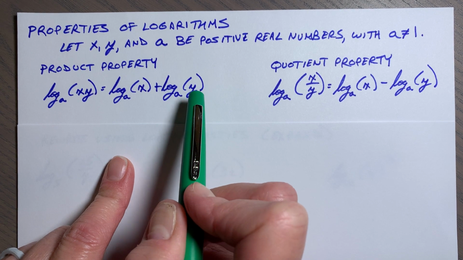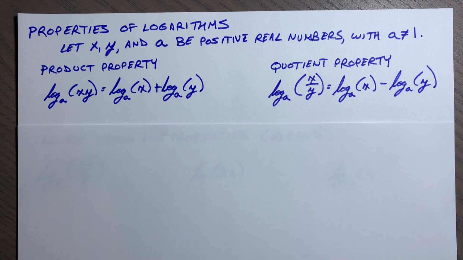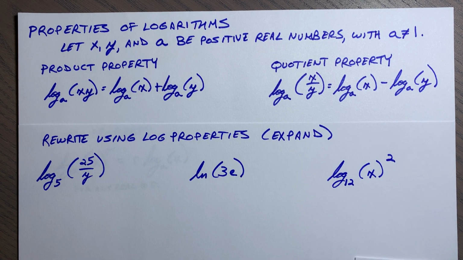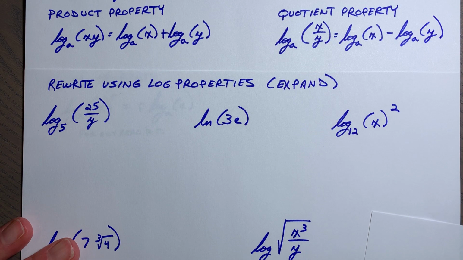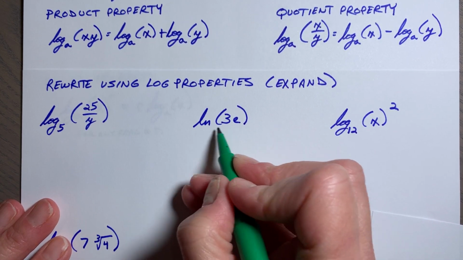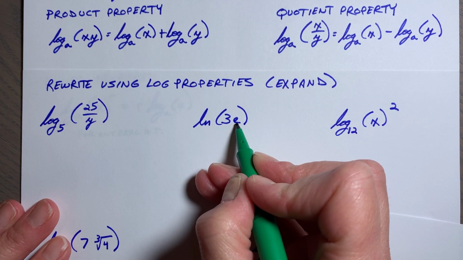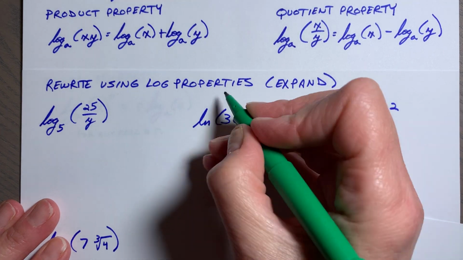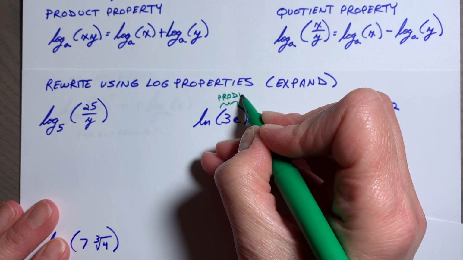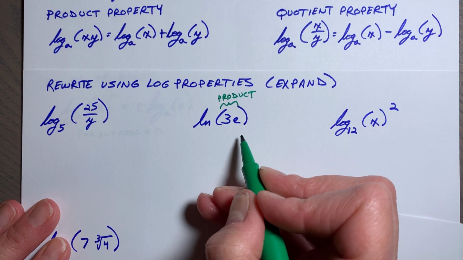I'll show you in a minute how this looks. Let's see. So here's an example of using that product property. I've got a natural log of 3e, right? This is a product right here. It is saying multiply 3 times e.